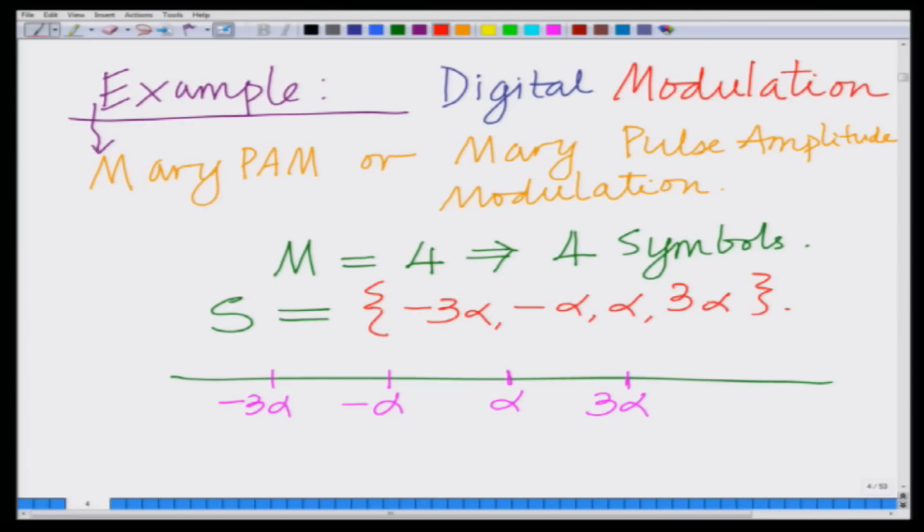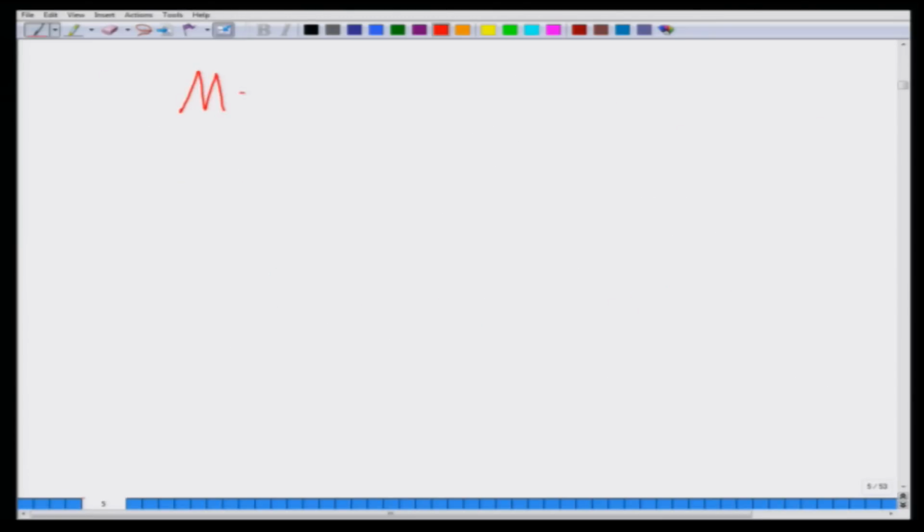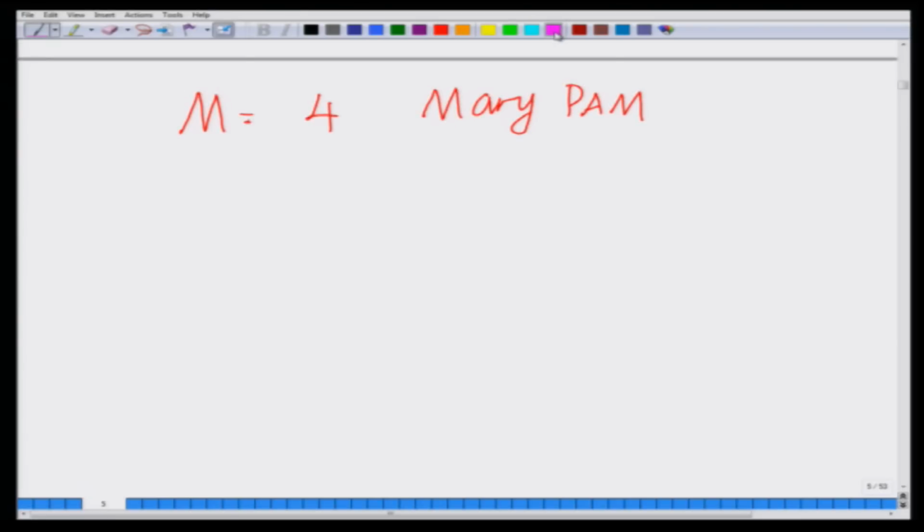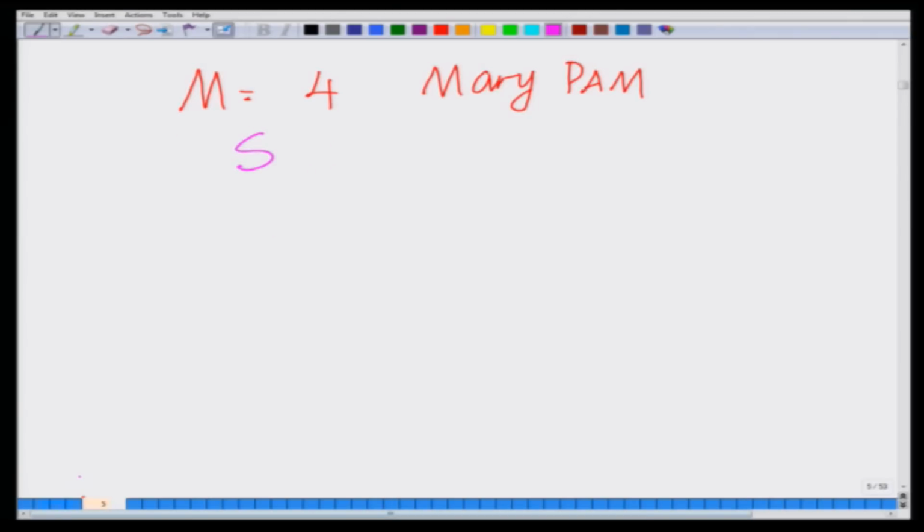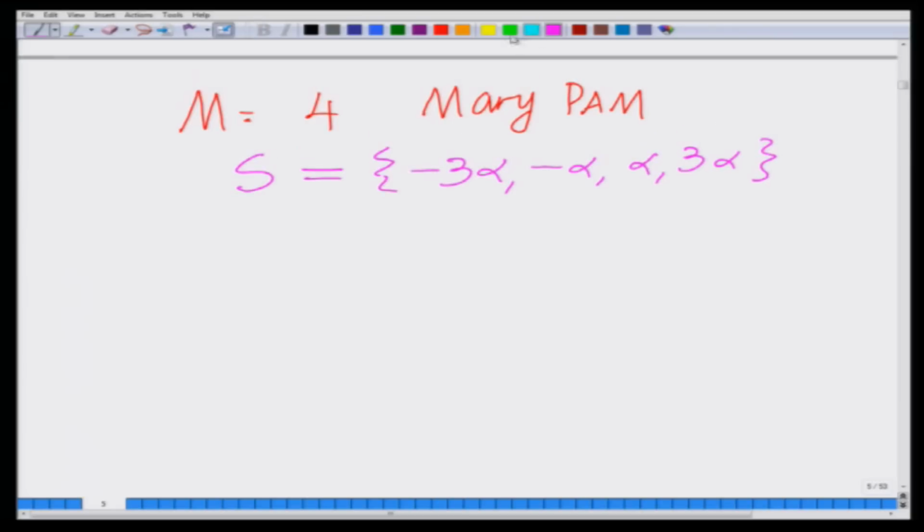So, I am considering an M-ary PAM example where M is equal to 4, and the sample space for this is given as minus 3 alpha, minus alpha, alpha, 3 alpha, and each of these elements of this sample space is known as a sample point.